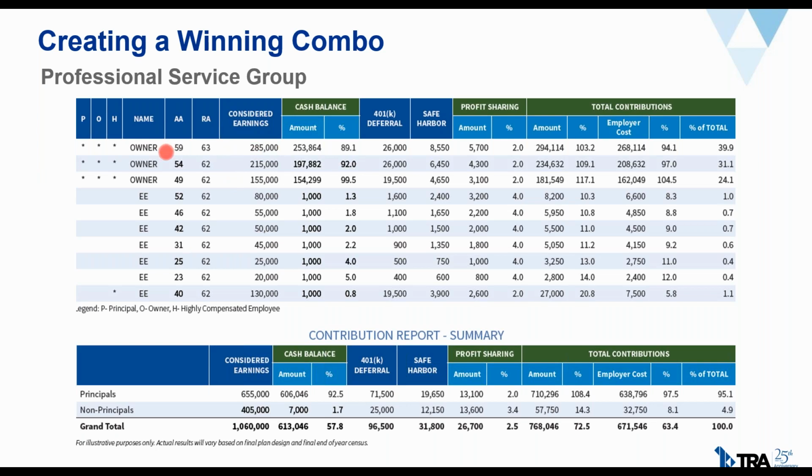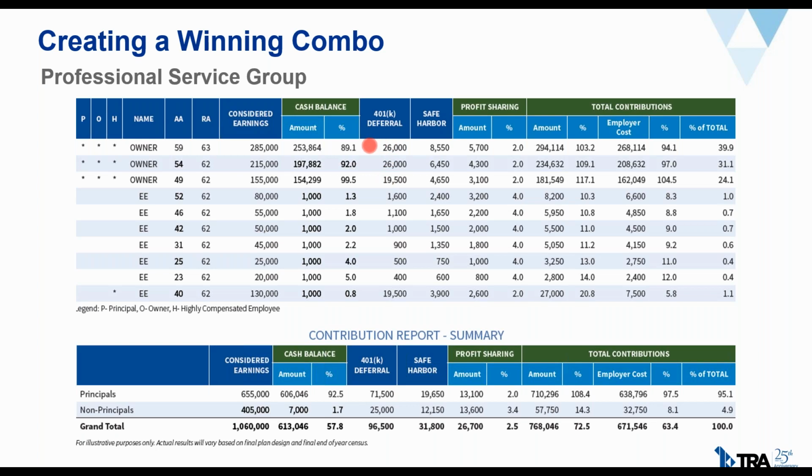We'll go one more column to the right and look at their accrued benefit. This is the amount that we're going to accrue in the cash balance for them as a pay credit each year. Obviously, age matters. The next column is the percent of their pay that's being accrued in the cash balance plan. The next column is their 401k deferrals.